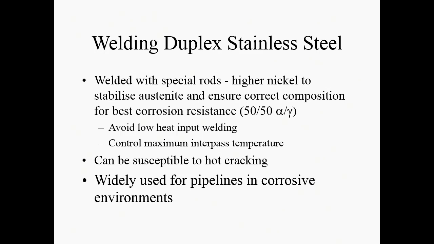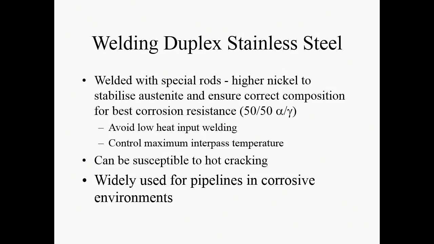So what you want to do is ensure that the best composition for corrosion resistance, which is this 50-50 austenite ferrite mix, is maintained in the welding. So that means you tend to have to use a higher nickel content welding consumable than you do in the manufacture of the pipe material itself.